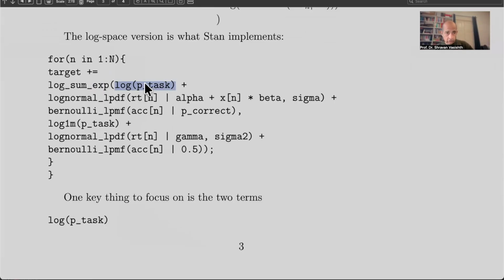So that's why we could just write log p_task, because the probability of task engagement was a standalone thing with no effect of instructions. This we are going to change, because we want to get the probability of task engagement and 1 minus the probability of task engagement on the log scale as a function of the instruction that was given.